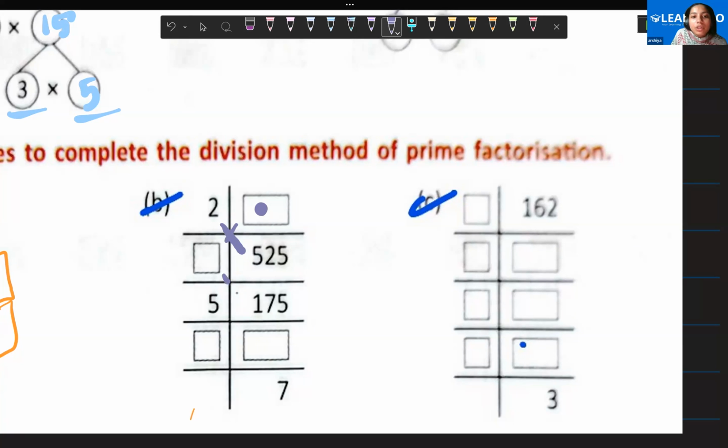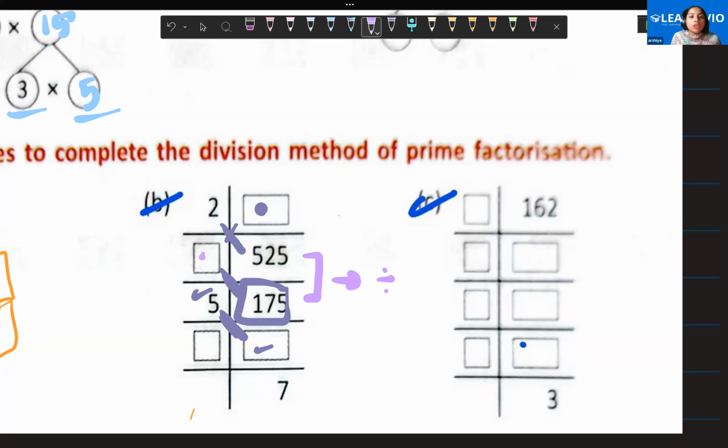Same way here also, you can multiply these two numbers to find the answer. Okay. 1 and 2. These two numbers you can multiply to find the answer here. Okay. And for this one, if you want to find this box and these two numbers are given, you will divide. Okay.